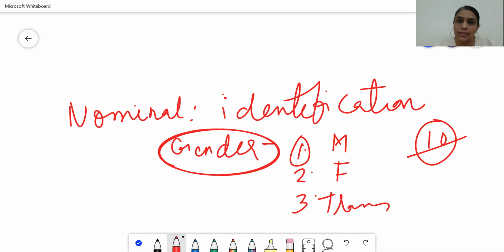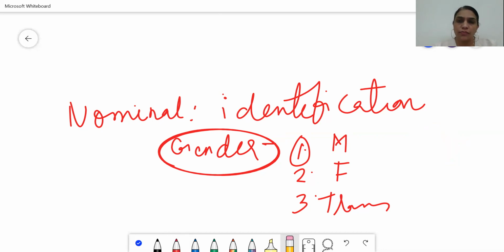This number 10 is only used for identification. It is not deciding the batting order. His batting order may be second, third, or opening batsman; he is the opening batsman. So this number 10 written on the t-shirt is just for making the identification, nothing else.